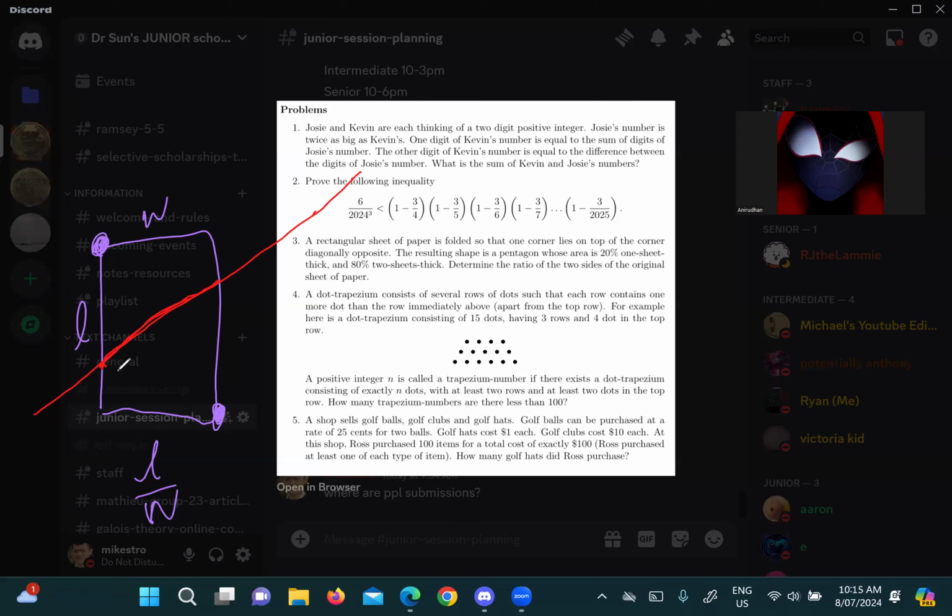And how are the triangles related to this line? The line hits one of the vertices of the triangle, right? So this is one of the vertices of the triangle, and this is the other one, right? You know what I'm saying?